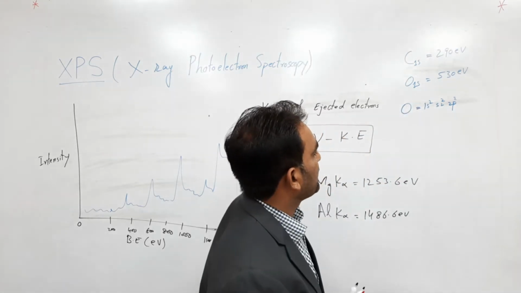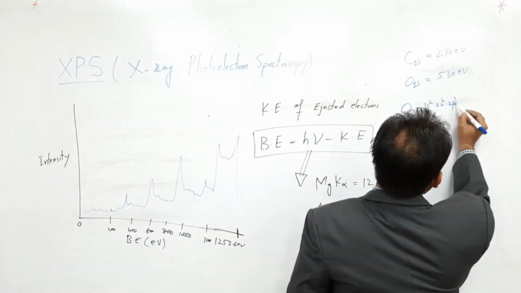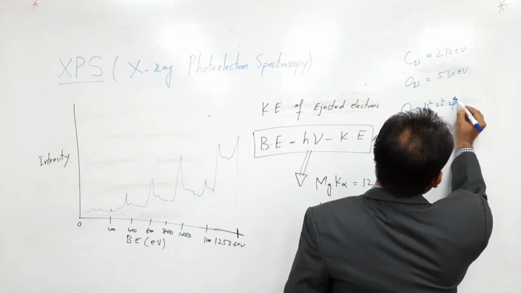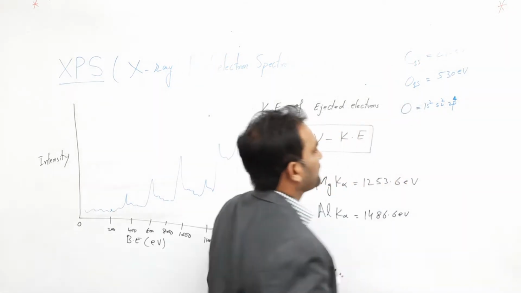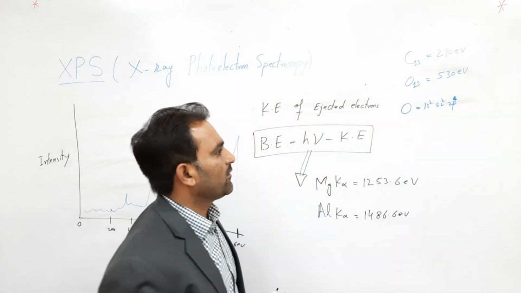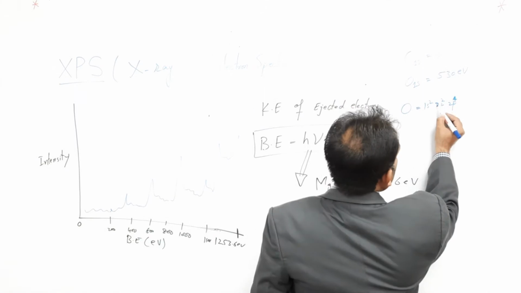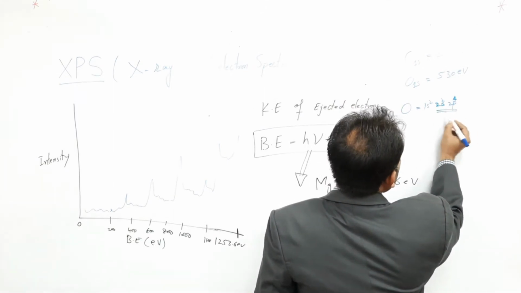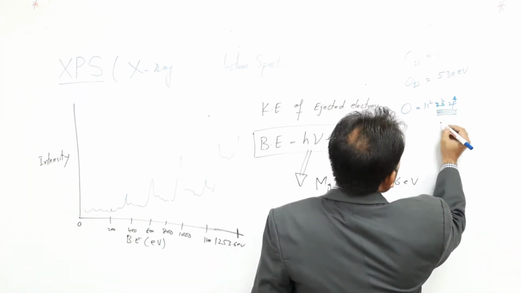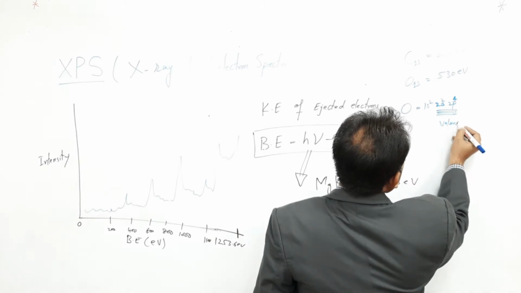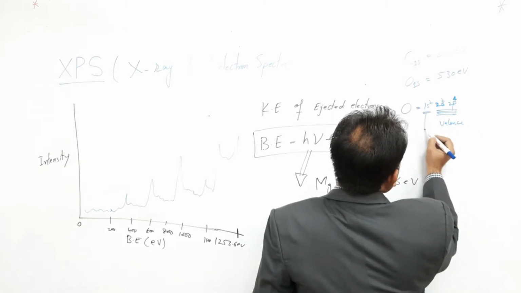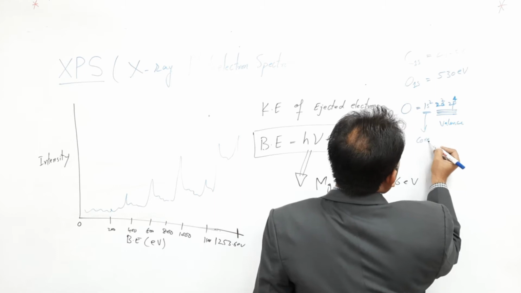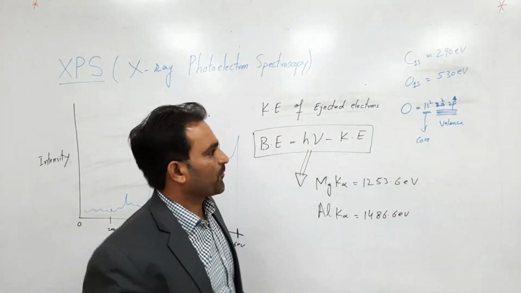You have 6 electrons in the outermost shell, 2s2 and 2p4. Okay? These electrons are called valence electrons, while these electrons are called core electrons.